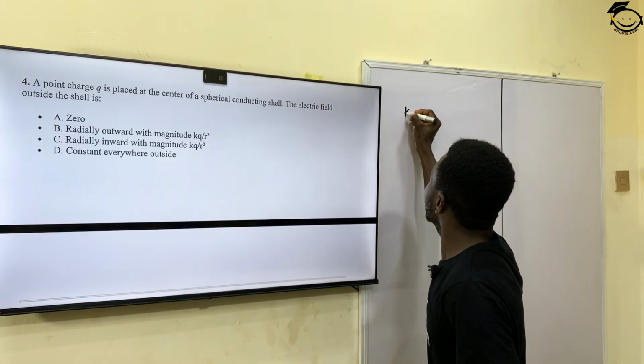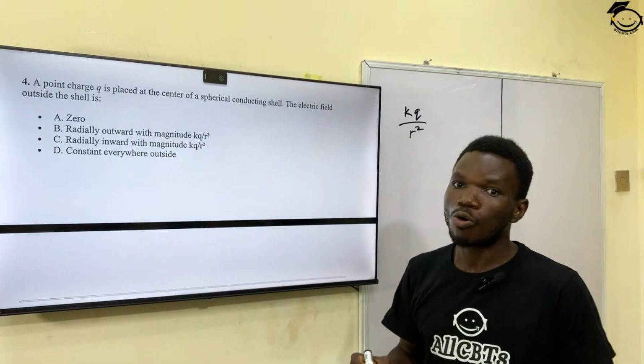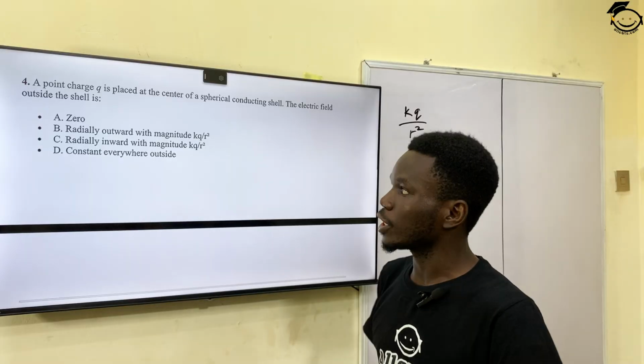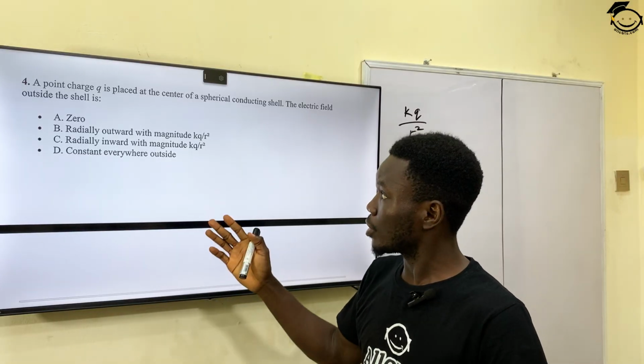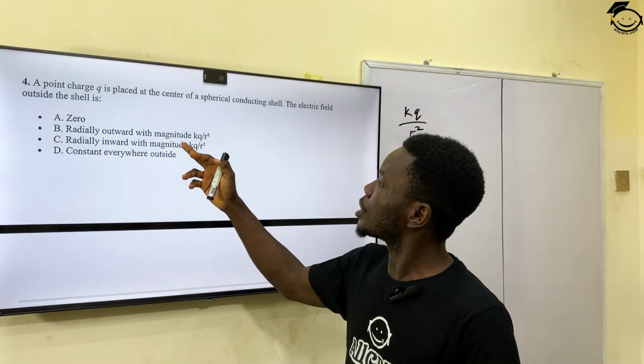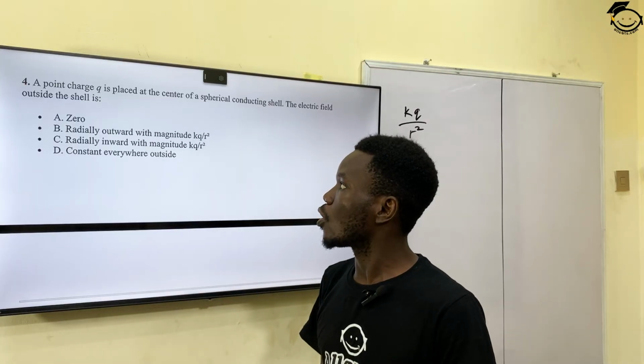The magnitude is going to be kq over r squared according to Coulomb's law, and that also follows Gauss' law of electric field. So the correct answer to that question is radially outward with magnitude kq over r squared, which is option B.